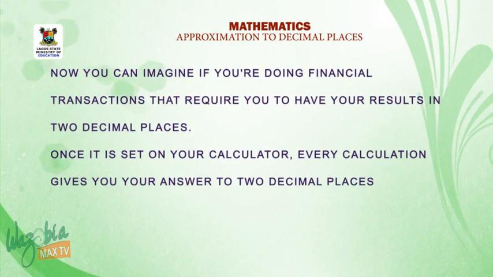Now you can imagine if you're doing financial transactions that require you to have your results in 2 decimal places. Once it is set on your calculator, every calculation gives you your answer to 2 decimal places.